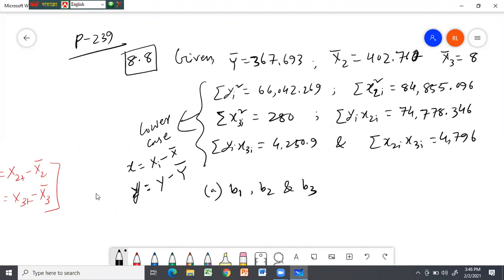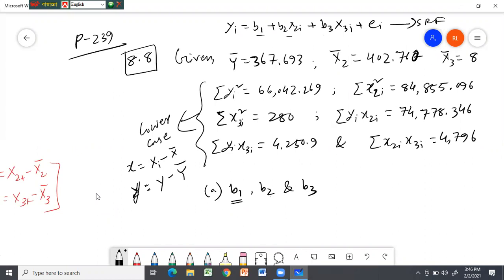B1 is the intercept coefficient, and B2 and B3 are the slope coefficients of your regression model, because your model is yi equal to B1 plus B2 x2i plus B3 x3i plus the error term. This is your stochastic SRF.